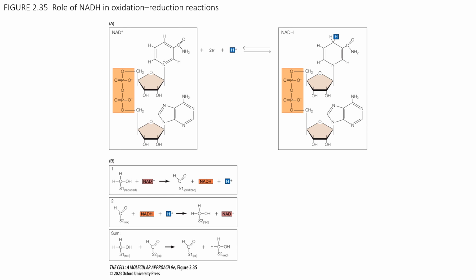One of the ones that you're probably most familiar with is one we see as an electron shuttle. This is nicotinamide adenine dinucleotide, or NADH, as it goes back and forth from the oxidized to reduced states, reduced as NADH, and then oxidized as NAD+.